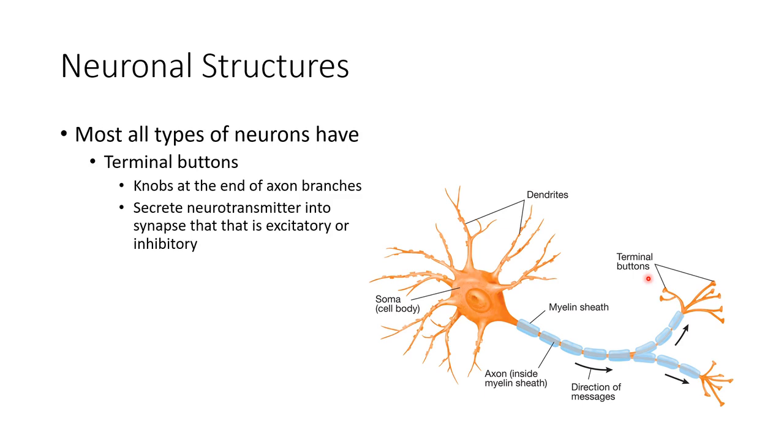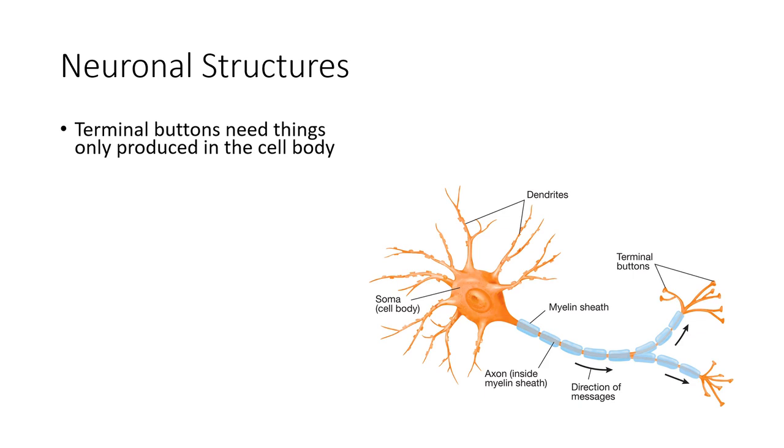But for now, just know that that is basically a chemical that's going to be released from these terminal buttons out into the space or the synapse between this cell and all of the neighboring cells. And depending upon what neurotransmitter is released, the reaction from other cells will be either excitatory, which will increase their activity, or inhibitory, which will reduce or inhibit their activity.